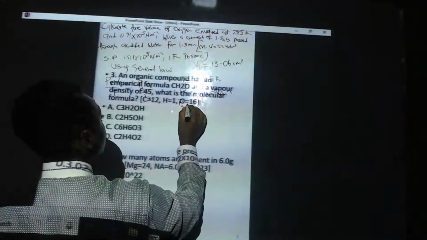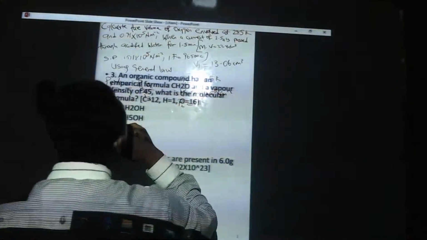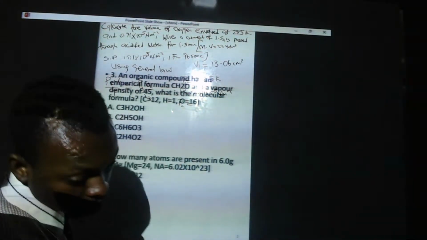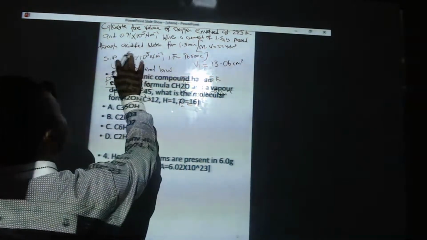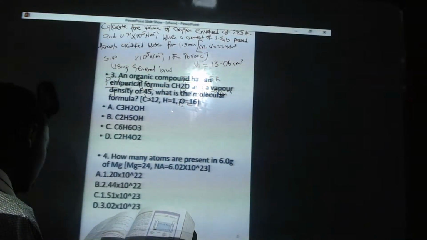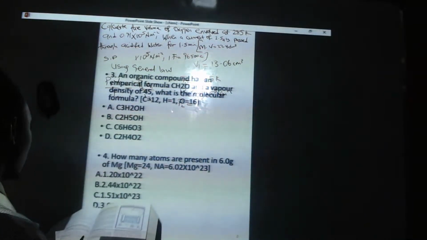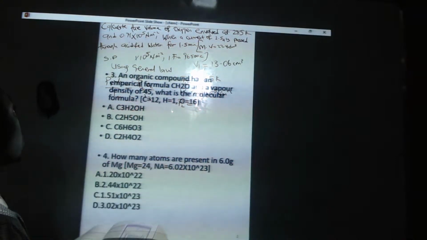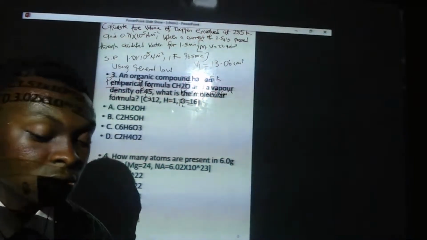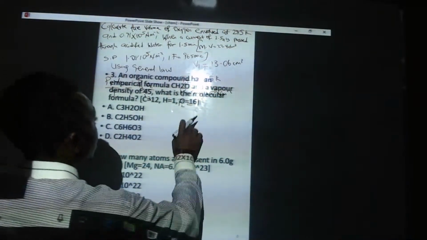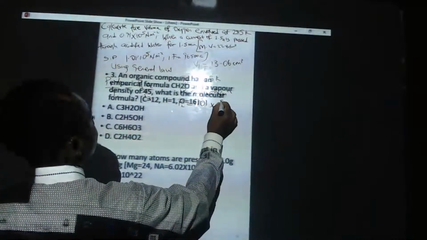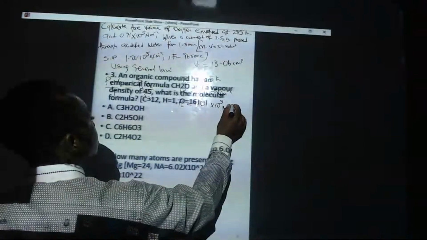The second pressure is being given as 1.01 times 10 to the power of 5 Newton per meter square.